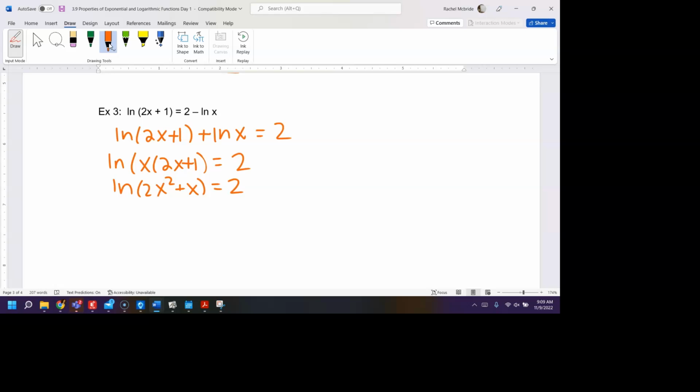Now you can e both sides. That's how you solve it. You subtract the e and then do quadratic formula and you're going to get this.